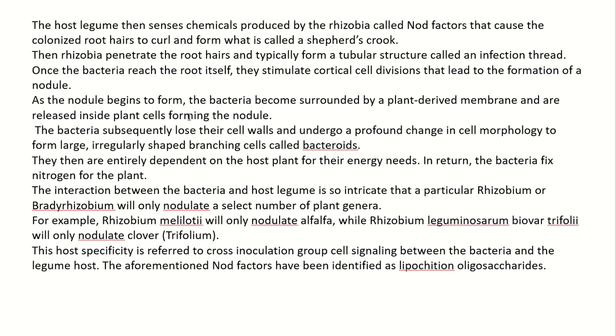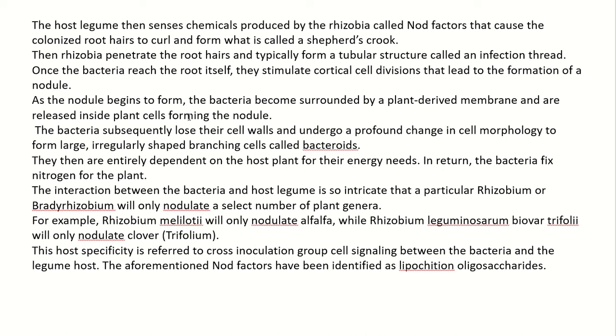Now we have completed nitrification, denitrification, assimilation, the GS-GOGAT pathway, glutamine synthetase, and location of the plastid. Now, in the root system, we have to understand that certain bacterial species form leghemoglobin. Okay. The host legumes sense the chemical produced by rhizobium.